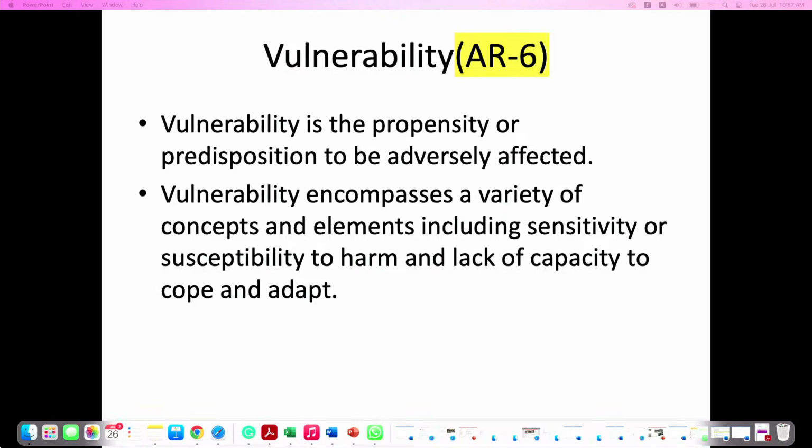Coming back to vulnerability. So, you know the vulnerability is the propensity or predisposition to be adversely affected. If that is latent in you, you acquire some characteristics physically, or your society is equipped with such habits, such characteristics that it will be affected. Then we call it affected by something that may be anything.